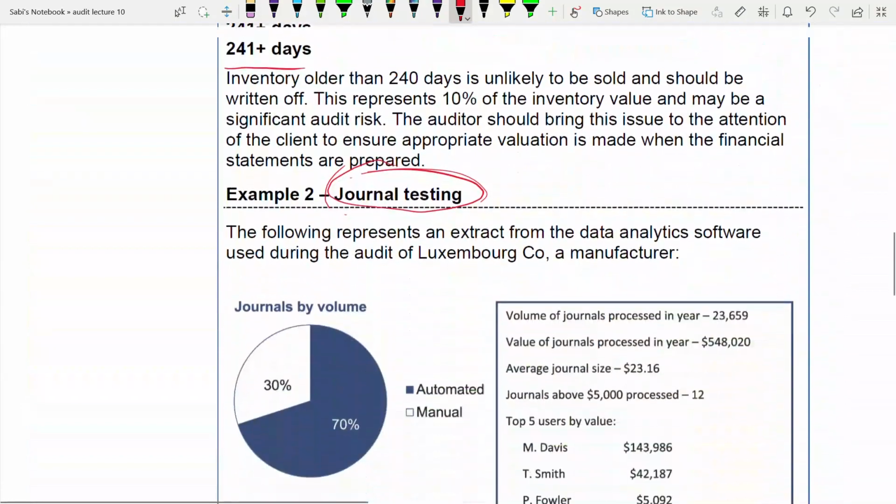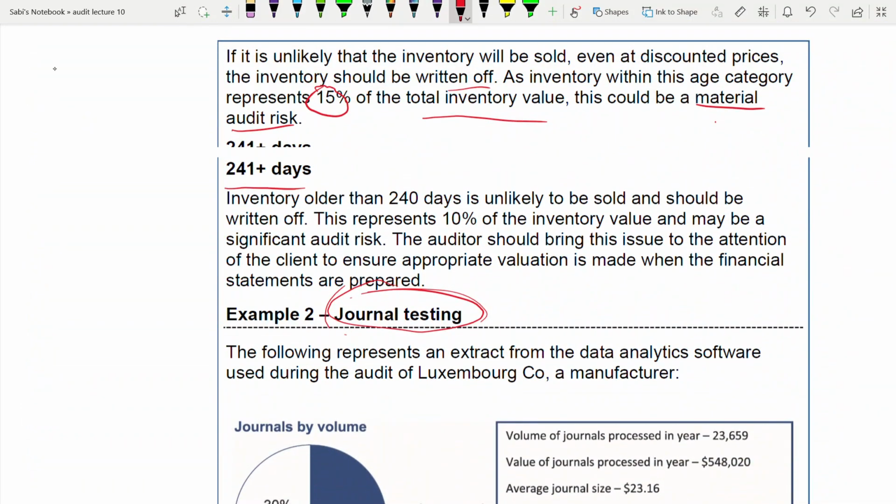So here, inventory older than 241 days is unlikely to be sold, and you should write off. There is no chance you're going to give discount at this time. At less than 241 days, you can give discount, even if it's unlikely to be sold at that time also. But here, you're not going to give discount. So you write off this inventory.